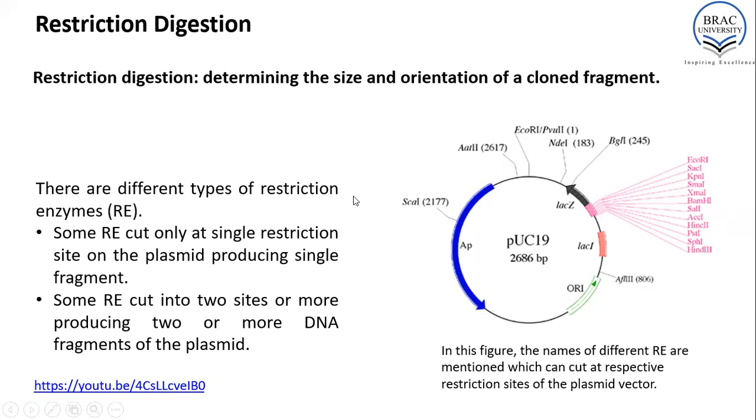So with the map, we know what restriction enzymes are cutting the vector as well as the DNA, if we have the DNA fragment in here. So when we digest the plasmid, that is vector plus the DNA fragment, we will know that these are the sites being cut by these enzymes, and we will digest the plasmid with those enzymes, and then we expect these fragments to be present in our gel.